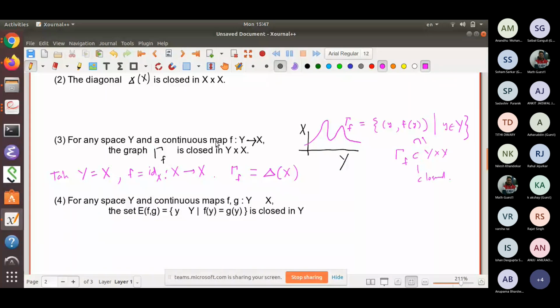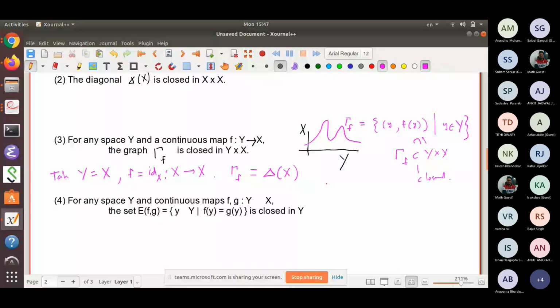So this amounts to the diagonal being closed in the special case of Y being equal to X and f being equal to identity. But I am also asking you to prove it the other way around, that if X is Hausdorff, then for every such f, the graph is closed. And here I want you to simply notice the following.